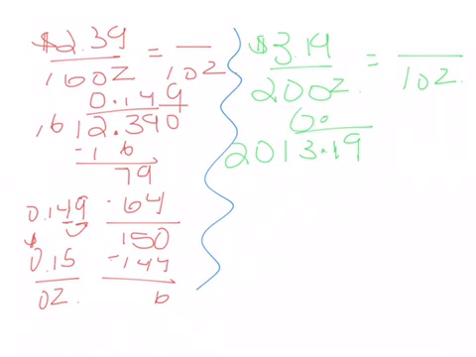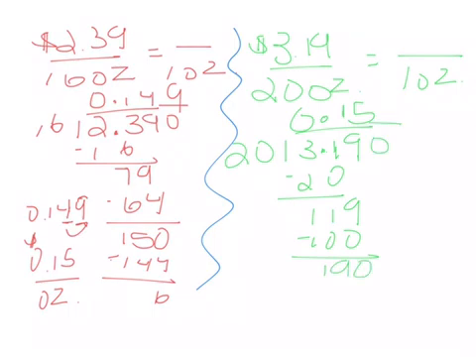20 cannot go into 3, but it goes into 30 once. I subtract and I get 11. I bring down my 9. 20 goes into 119 5 times. That's 100. I subtract, I get 19. I add a 0, bring it down. 20 goes into 199 times.